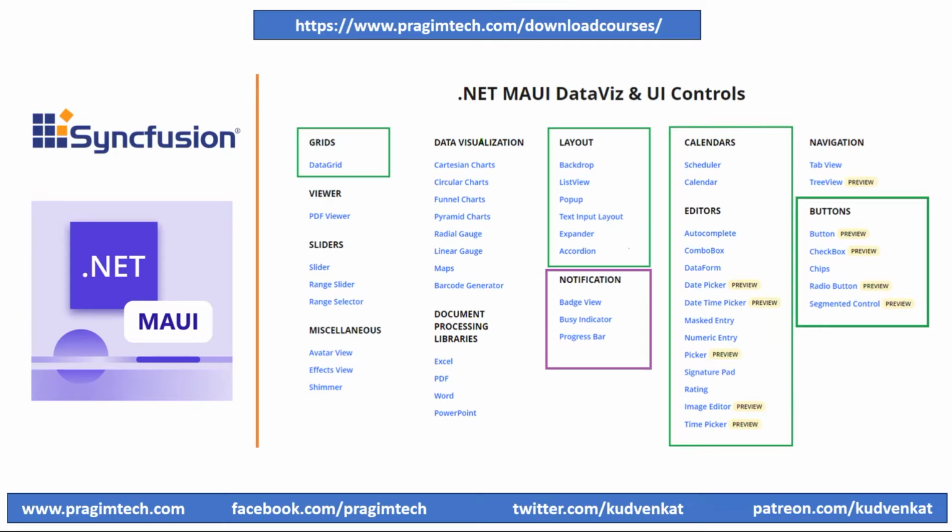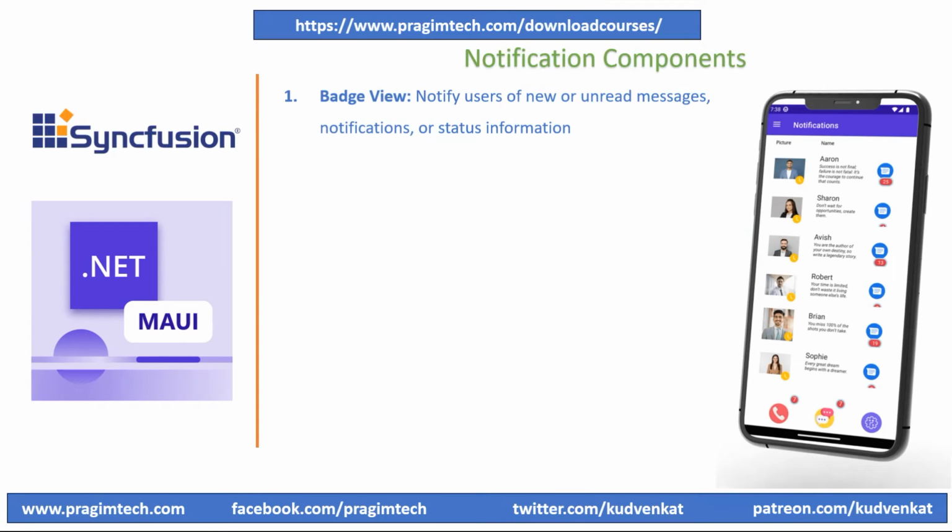In this session, we will concentrate on notification components such as badge view, busy indicator, and progress bar controls. The badge view control is commonly used to display notifications, counts, or statuses in a visually appealing manner. With the Syncfusion badge view control, you can easily integrate badges into your application interface for various purposes such as displaying unread messages, notifications, or any other relevant information.